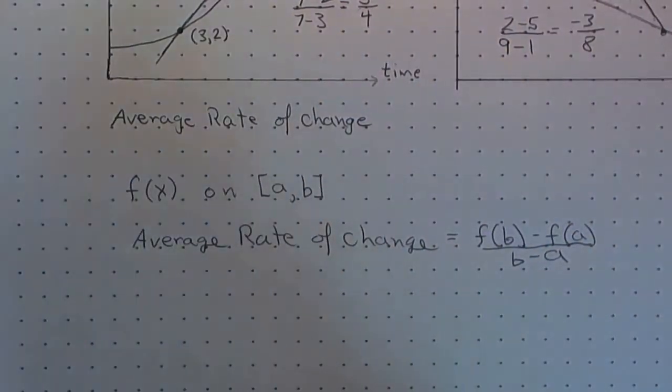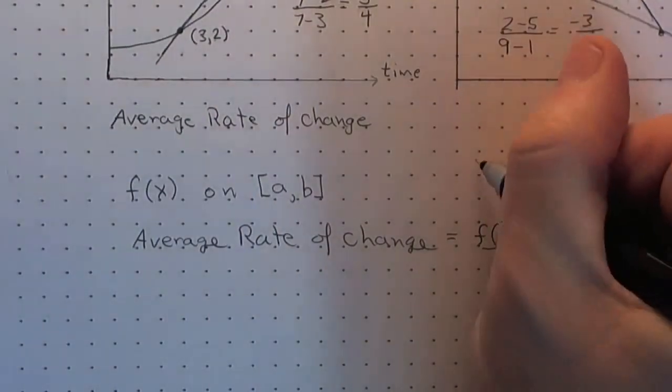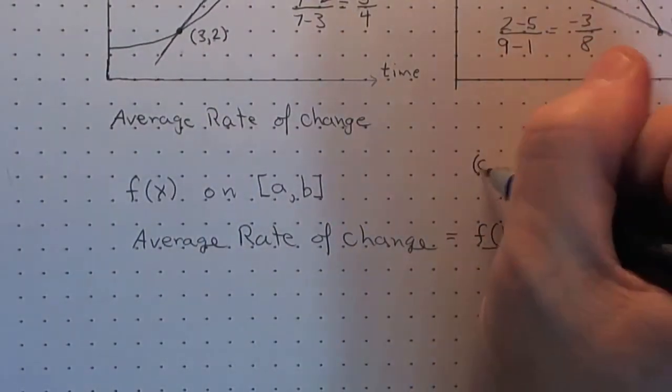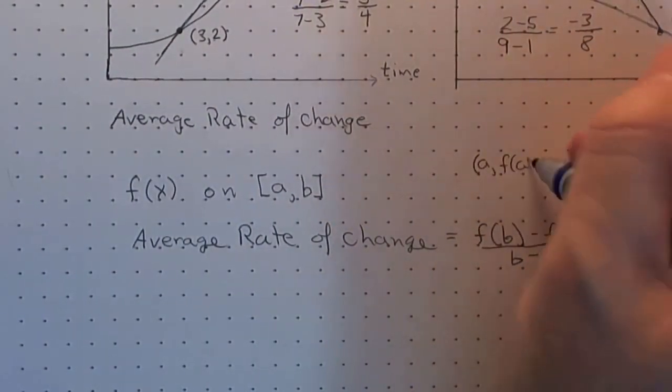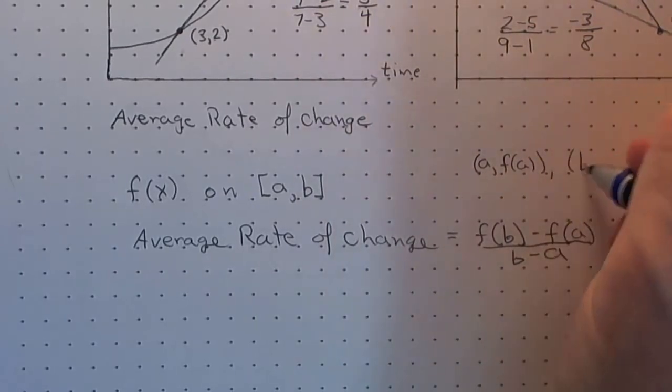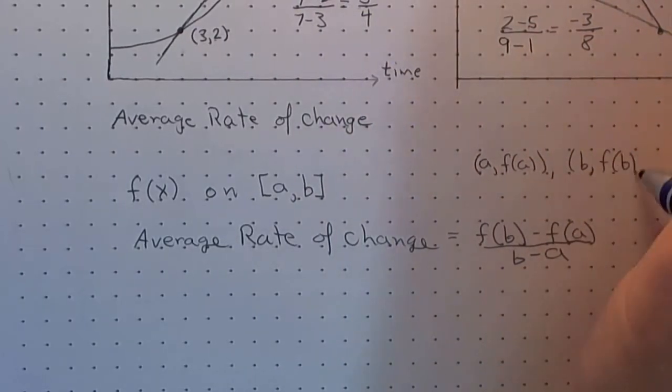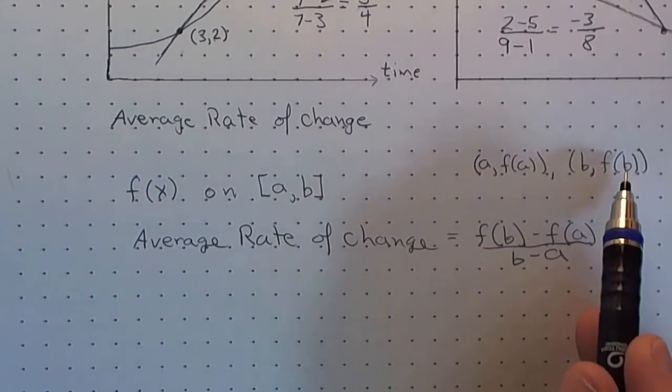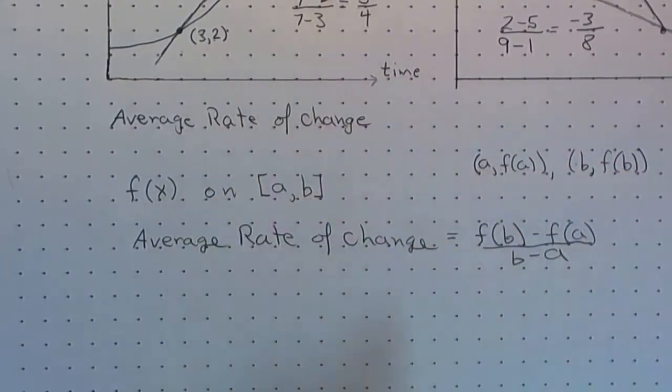See? And that's just the slope formula, because what you're talking about is points, right? You're talking about a point A, f of a, and b, f of b. See? And that's the slope, right? Change in y's over the change in x's.